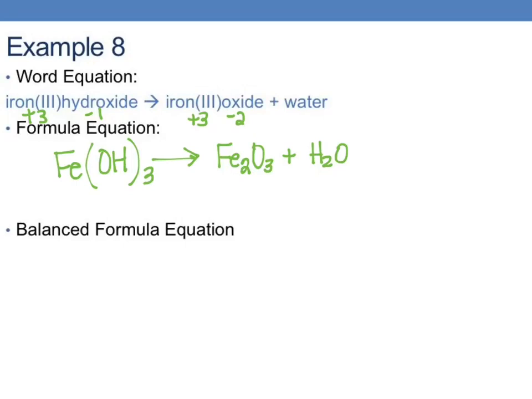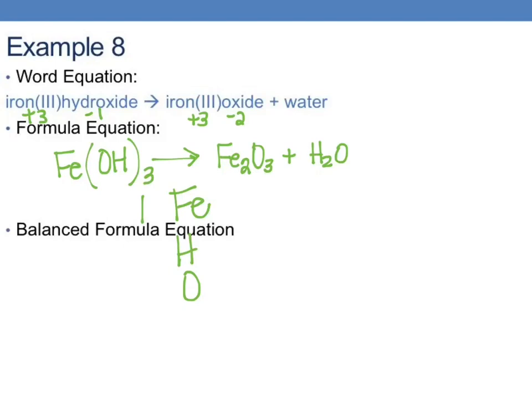So list your polyatomics first. Do we have a polyatomic? We do, but is it over here? No. So we're going to just go with our metals first. So iron, and then our H's and our O's. So how many irons on the reactant side? 1.